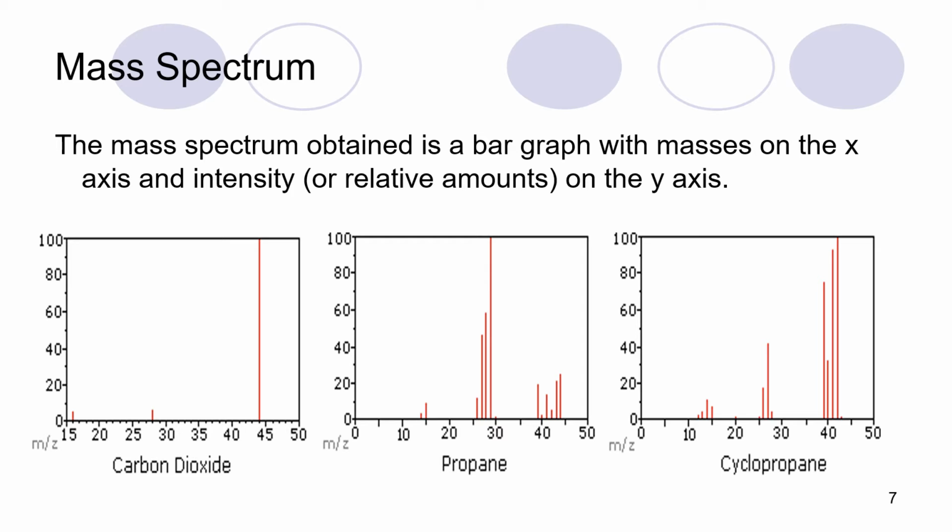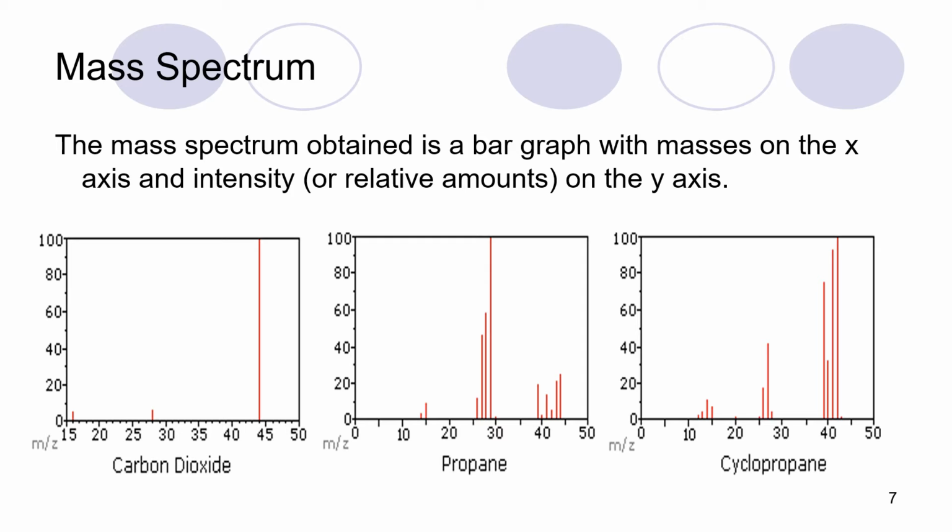Well, m/z means mass per charge, and that's basically the molecular mass of the particle or the compound. And then intensity is on the y-axis, and that just says how much of the sample will be at that weight.